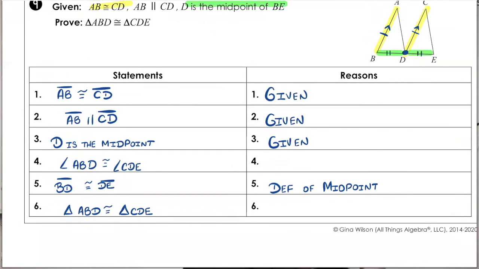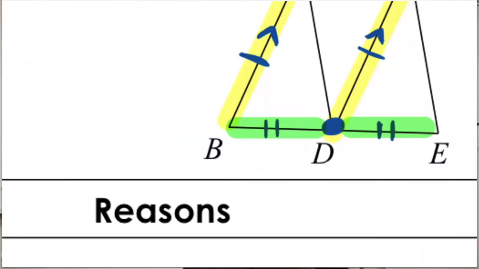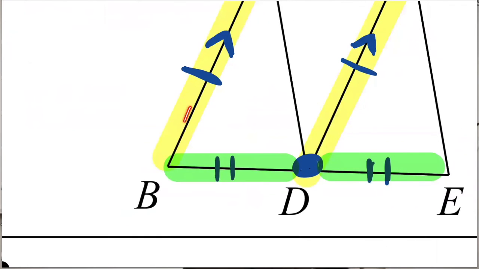All right, so where on earth did they get this whole ABD is congruent to CDE? Where did they get that from? So this angle is congruent to this angle. How come?